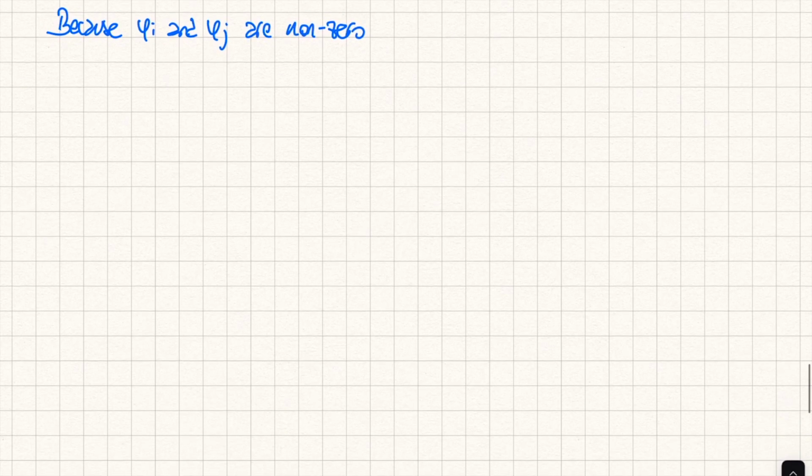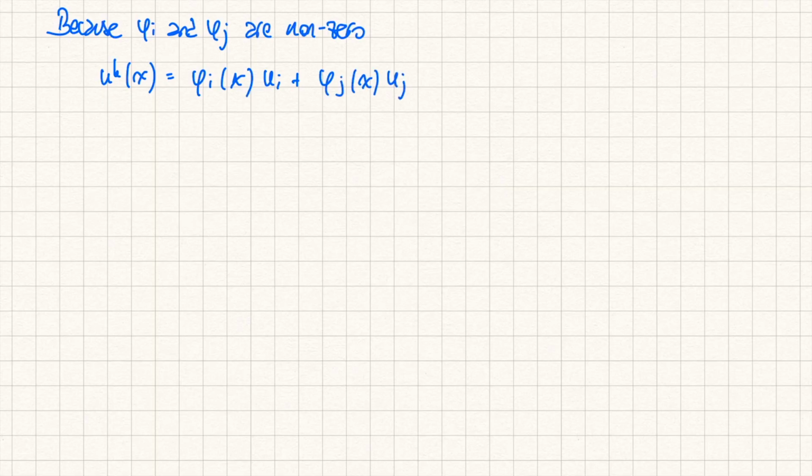Okay? So then my u^h for this particular element can be written as phi_i(x) u_i plus phi_j(x) u_j. And in matrix form, we can write that as phi, which is not really a matrix, it's a row vector that multiplies my lowercase u, right?